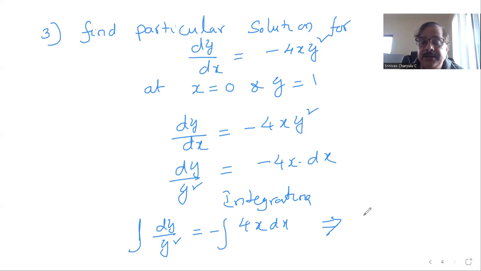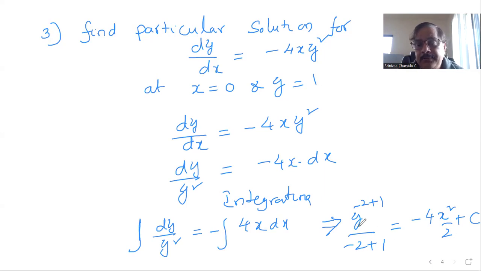Dy by y square integration is y to the power of minus 2 plus 1 by minus 2 plus 1. 4 is a constant, it comes out. So x integration is x square by 2 plus c.